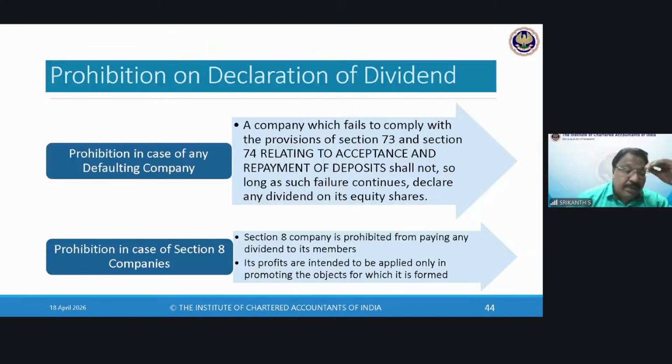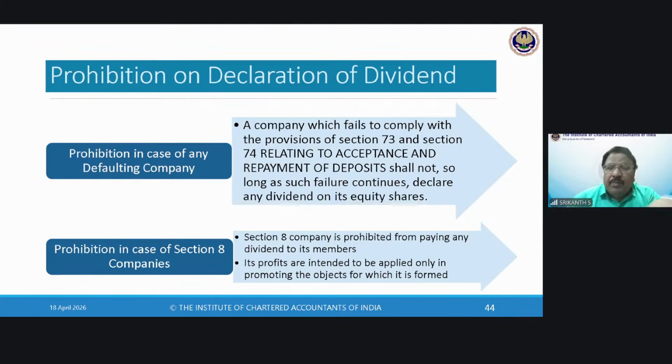Right? In case of Section 8 companies, there is a prohibition. Section 8, as you know, this prohibition is because by its articles, the Section 8 company says, we will not declare any dividend. The profits will not be paid to the members as dividend. It will be only applied in promoting the objects for which it is formed. So this is something essentially conditioned to the Section 8. If this condition is not satisfied, the Section 8 company will lose its license. Remember, the Section 8 company is licensed by the regional director.